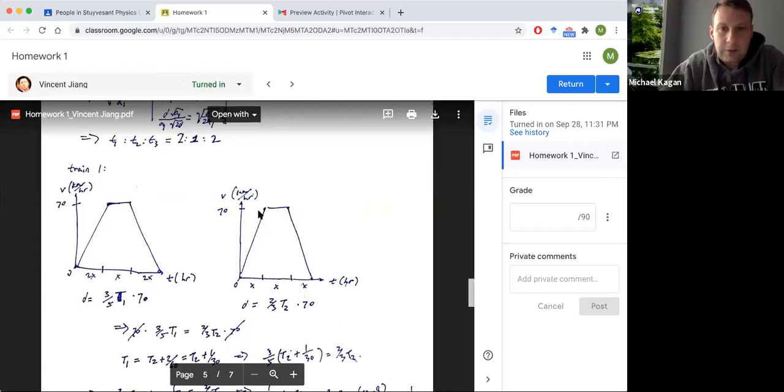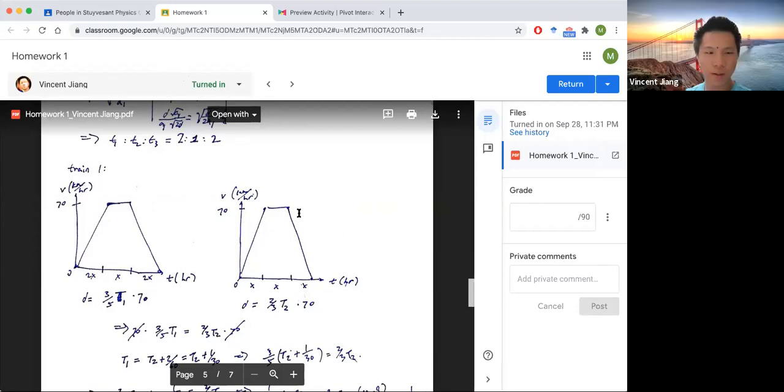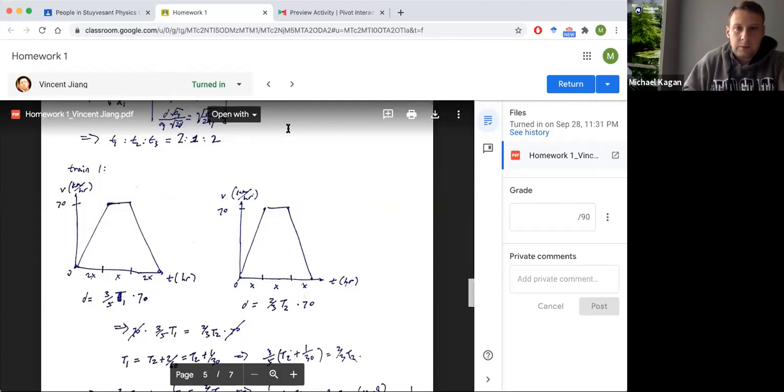Oh, so there are just T1 and T2, okay? Yeah, I'm talking about the top. Well, maybe I'll just draw on your graph.